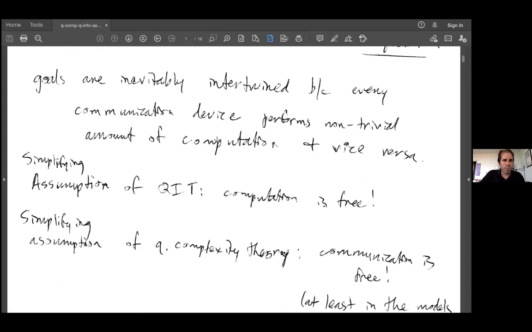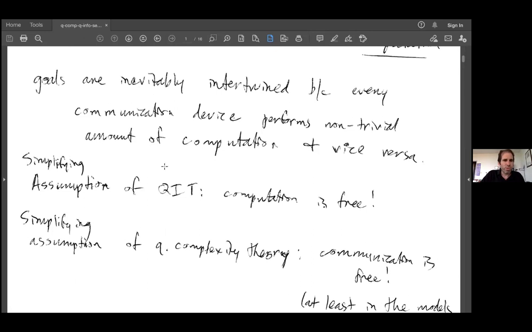Okay, so in quantum information theory, what is a simplifying assumption that we make? The focus of quantum information theory is communication. And so the resources that you count are those that are crossing the physical boundary between a laboratory of Alice and a laboratory of Bob.